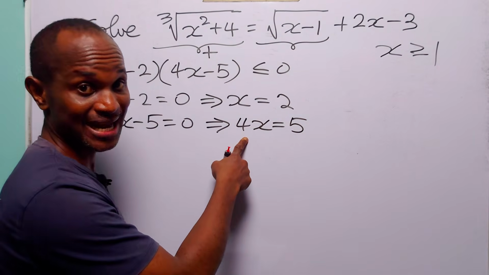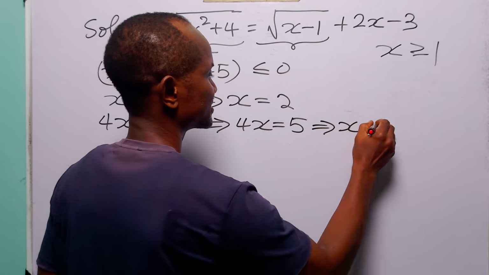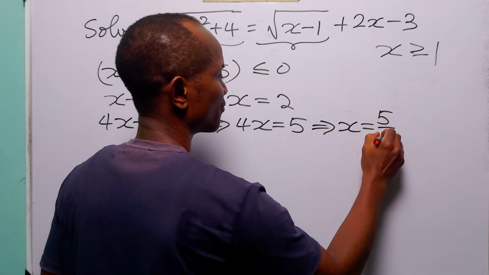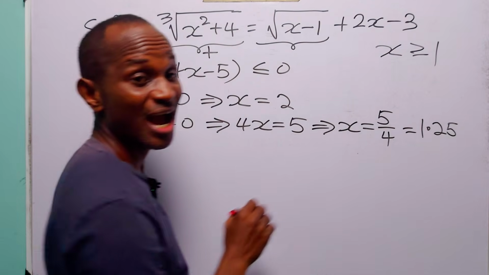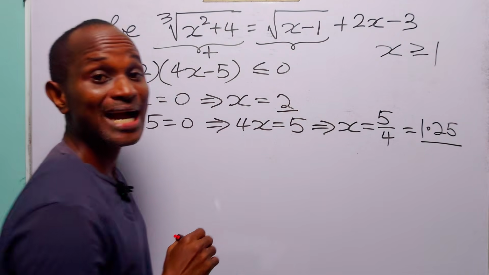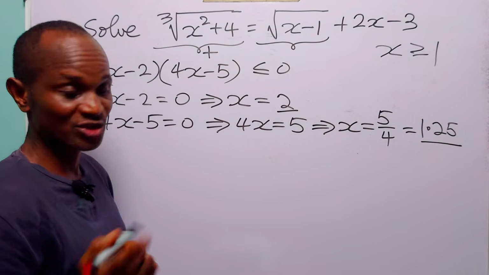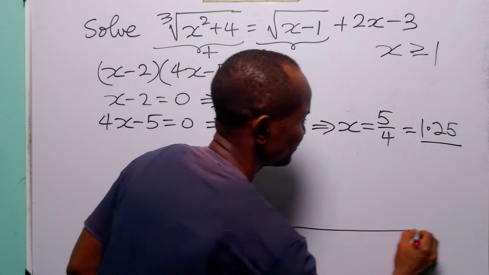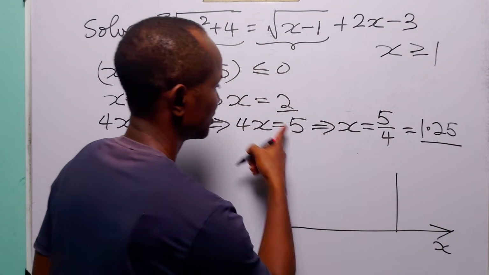And dividing both sides of this equation by 4, we have x equal to 5 over 4, which is equal to 1.25. Now, these two critical points divide the x-axis into 3 regions. For instance, if this is the x-axis, then we have the point 2.